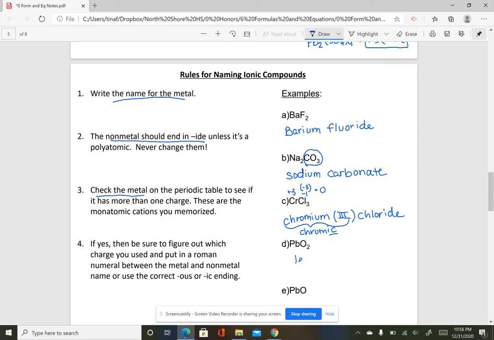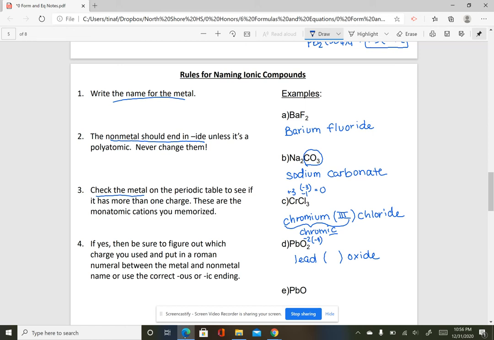Pb is lead. Lead is one of those middle guys, so it can have more than one charge, meaning I will need to leave a space. Oxygen is oxide. So guys, oxygen is -2, but I have two of them, which is really a -4.